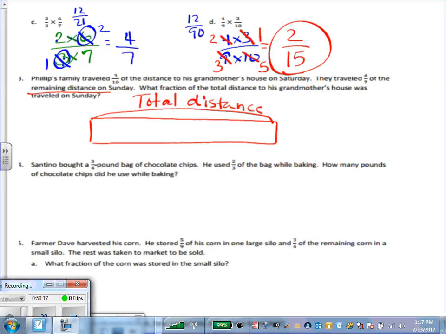If they traveled 3/10 of the distance on Saturday, and they traveled 4/7 of the remaining distance on Sunday, how can you figure out how many pieces we need to put in the entire?